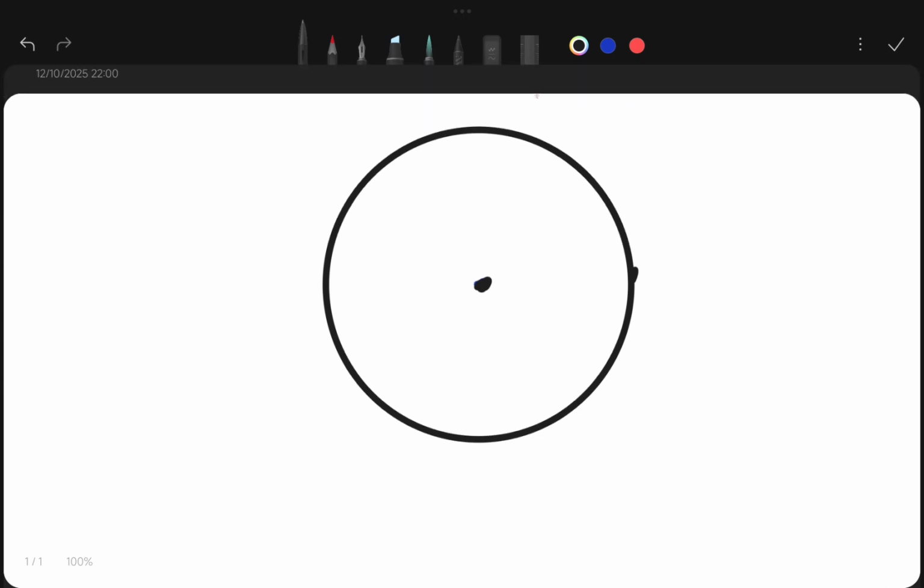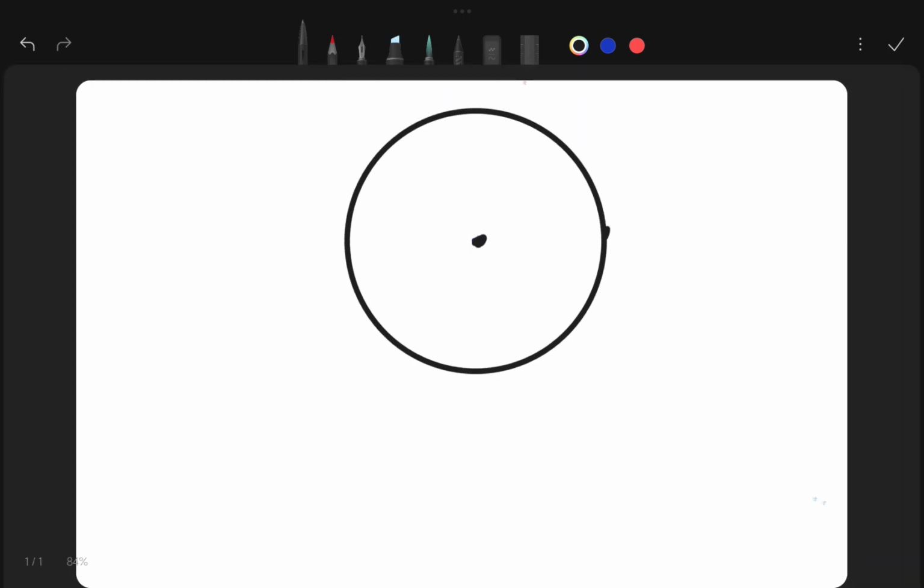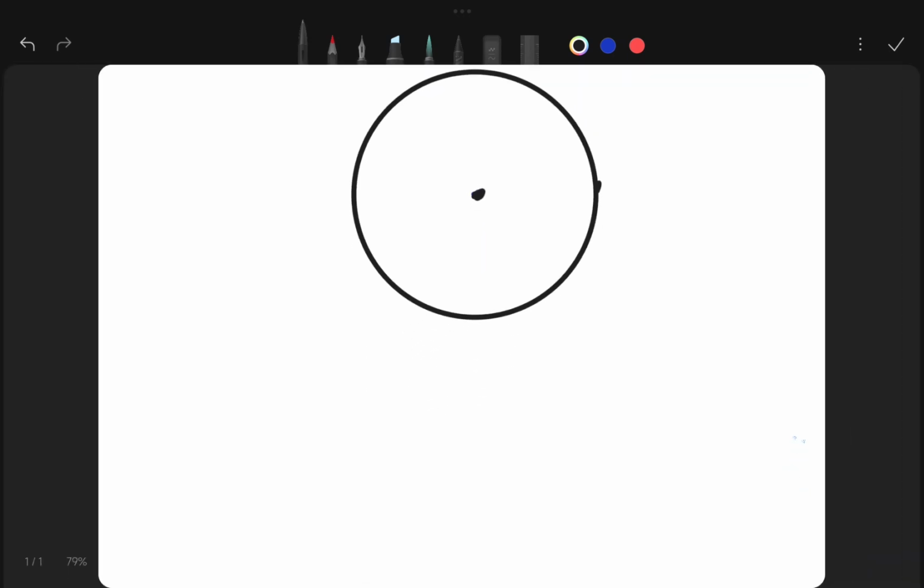It says that if we have two tangents drawn to a circle that meet at a point, they are equal. So let's say two tangents start from a point over here. What this theorem states is that the lengths of both of these tangents, the blue lines, are equal.